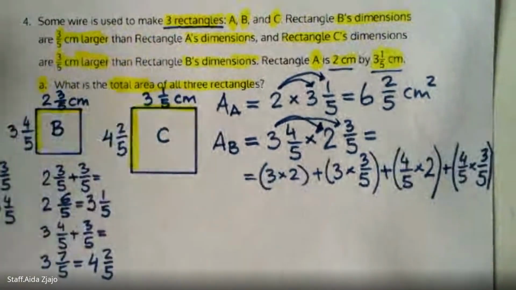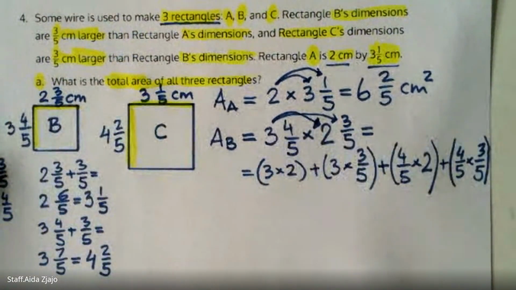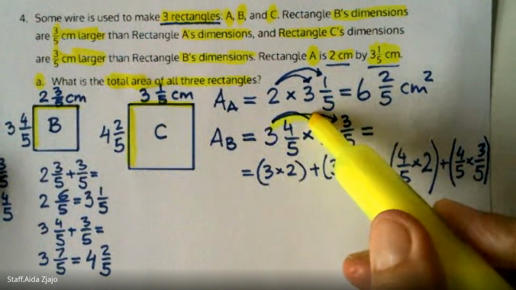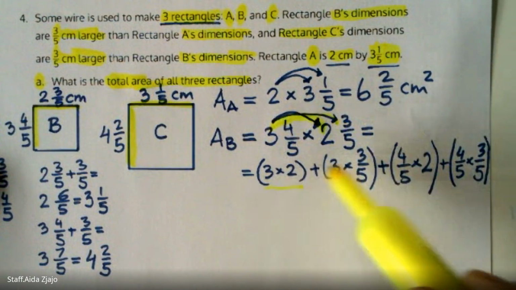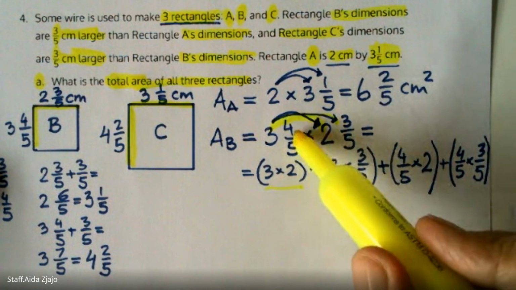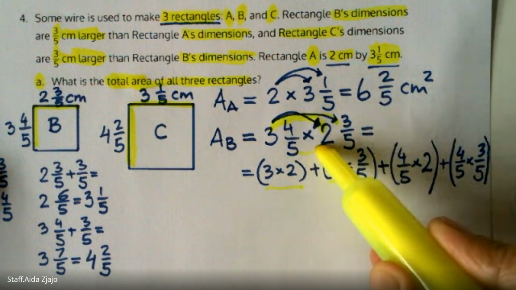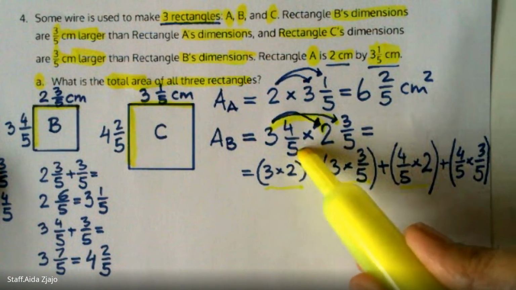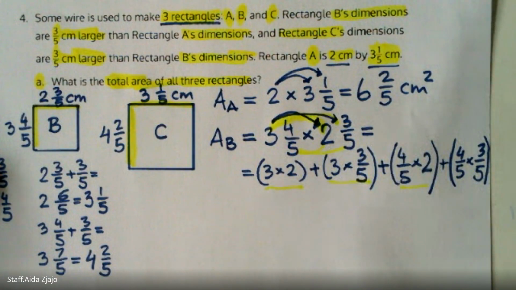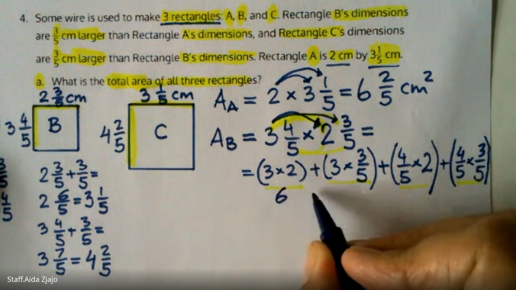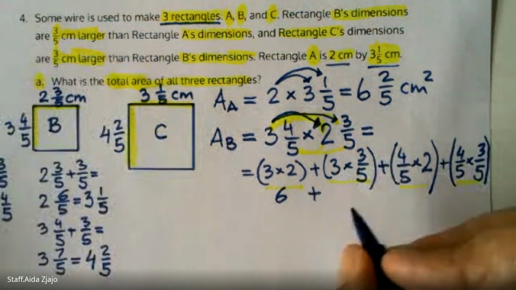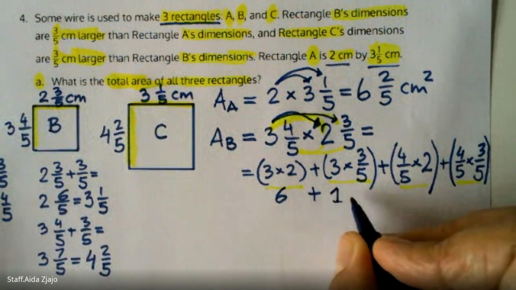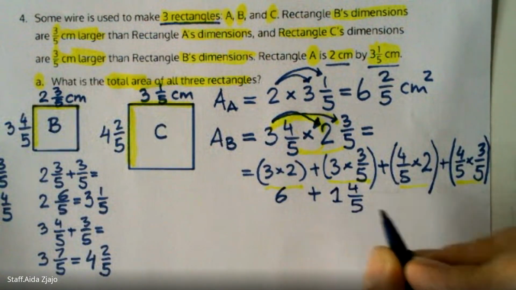Sorry, couldn't see this. So 3 times 2, 3 times 3/5, 4/5 times 2 and 4/5 times 3/5. 3 times 2 is 6, plus 3 times 3 is 9/5. 9/5 is 1 whole and 4/5.